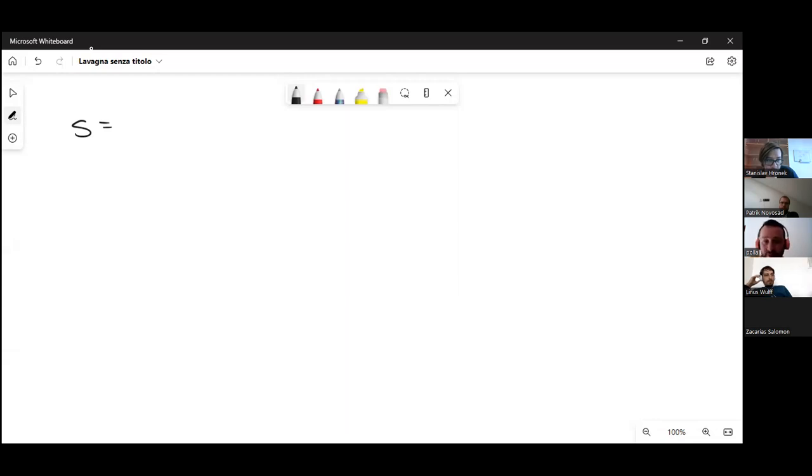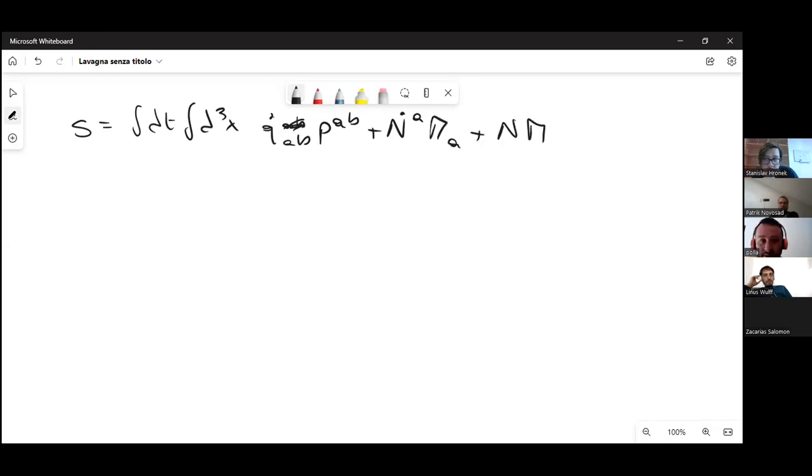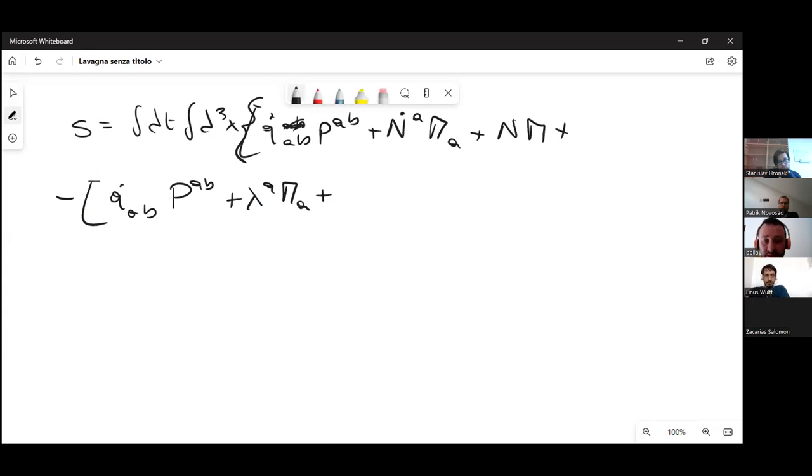Okay, so we would like to write this in a different form. Here we have Q AB, P AB plus N prime A pi A plus N pi, and this is the procedure, plus minus Q prime AB P AB plus, as we said, adding this term here, the Lagrange multipliers, minus the Lagrangian density.